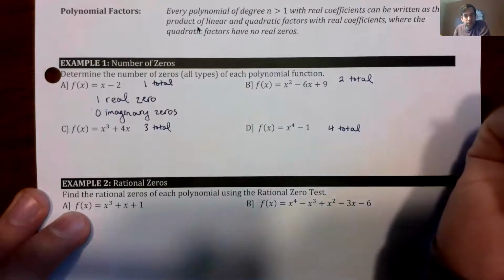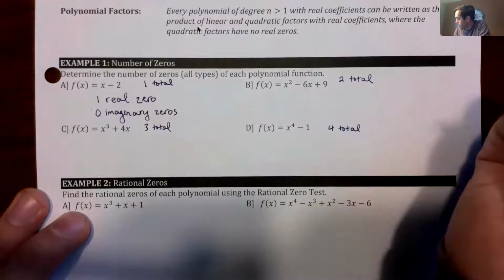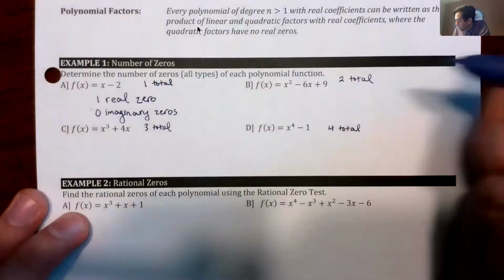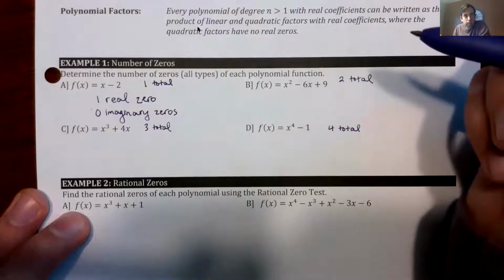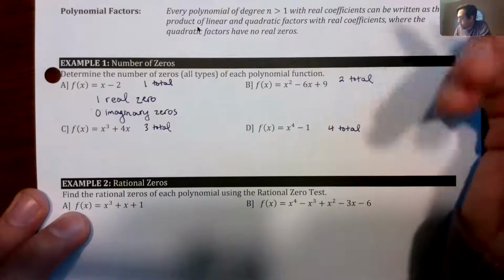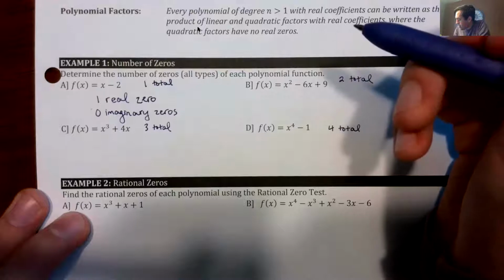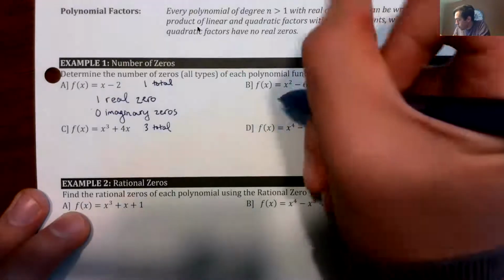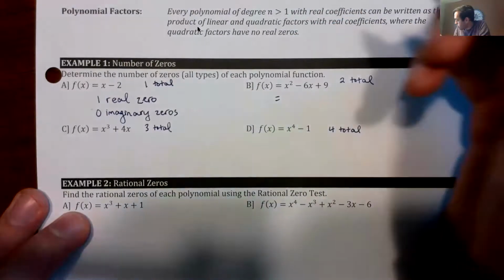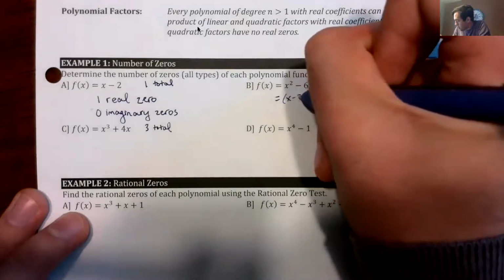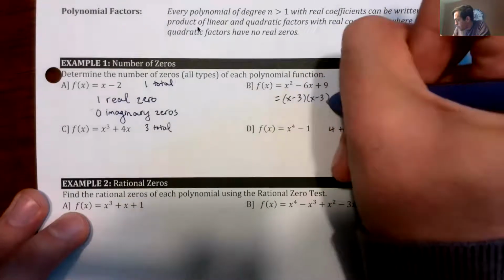In letter B, we have x squared minus 6x plus 9. And so what I'm going to do here is, there's a couple different ways we could approach this. We could try looking at the graph and see if we can see the x-intercepts. That would make them real. But we can also factor this, and this factors to x minus 3 and x minus 3.